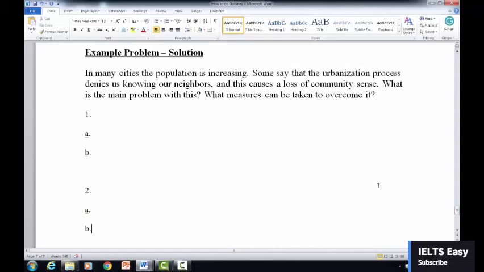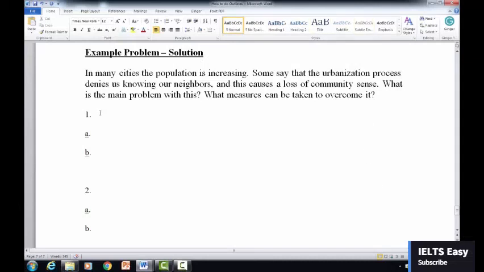All right, so population is increasing. Urbanization means like inner cities. New York, Detroit, Chicago, Barcelona, Madrid, Casablanca, Shanghai, Tokyo. Really, urbanization. What is denying us knowing our neighbors? What's the main problem with having a loss of community sense?